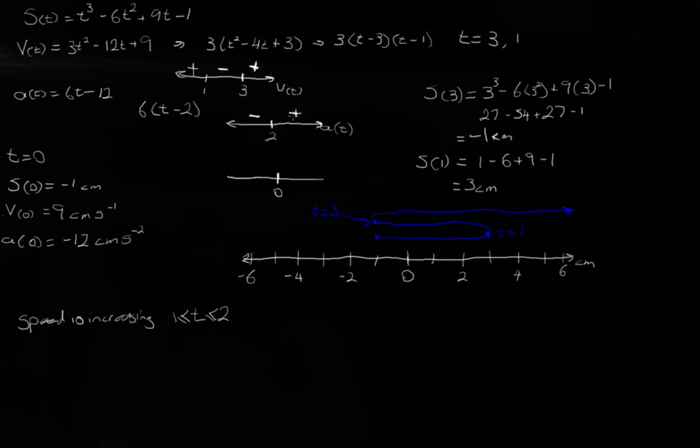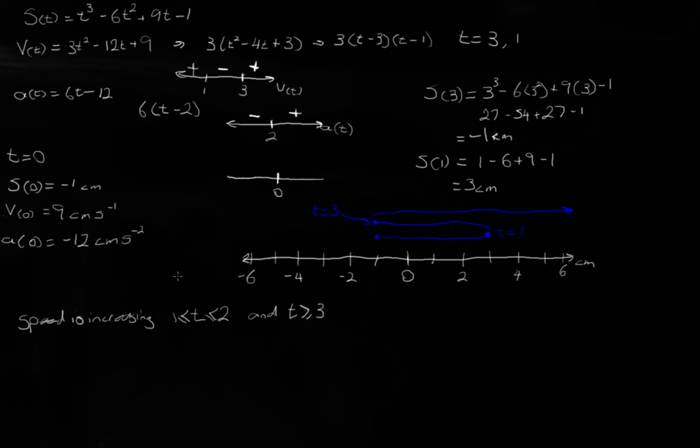Or let's just say 2.5 to make a real clear distinction. 2.5 here, it's negative. 2.5 here, it's positive. So when it gets to 3, they both are positive. So the speed is increasing for 1 less than or equal to t less than or equal to 2, and when t is greater than or equal to 3.